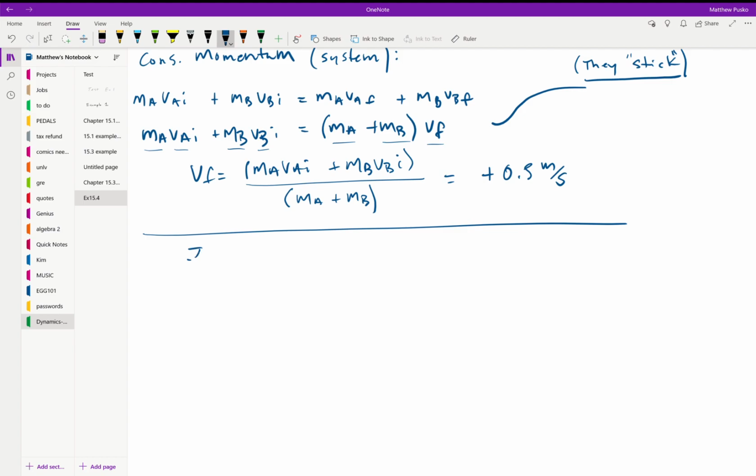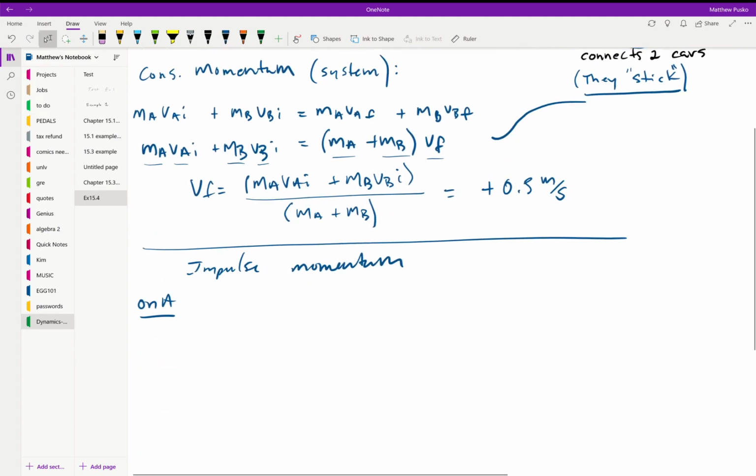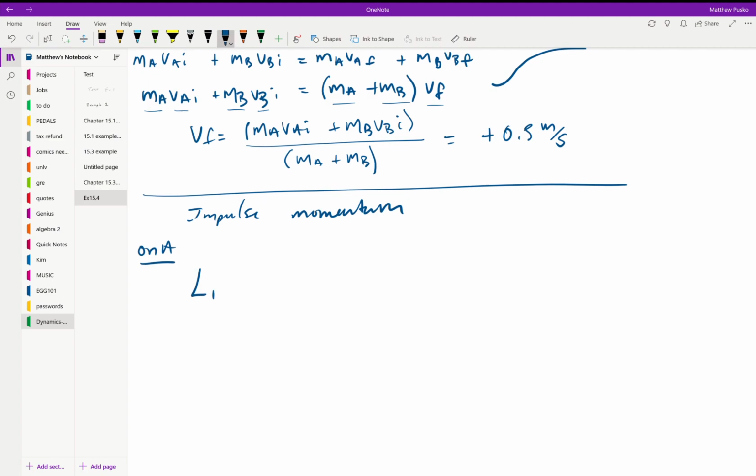If I do impulse momentum, actually, let's look at A and see what happens. We can probably figure out what the force at the couple is, because if we use L1 plus the summation of the impulses applied, it's going to give us our L2.